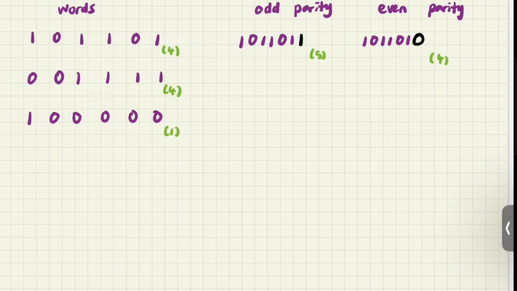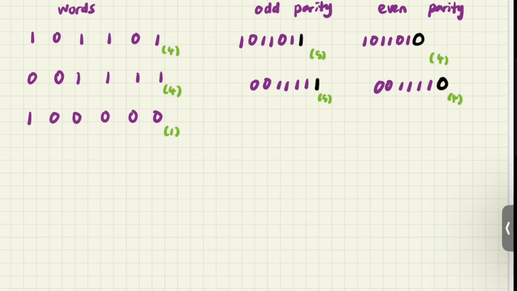Similarly, for the second word, you have to add 1 and 0. So here 5 and 4.